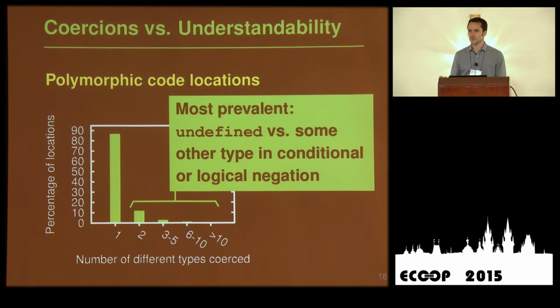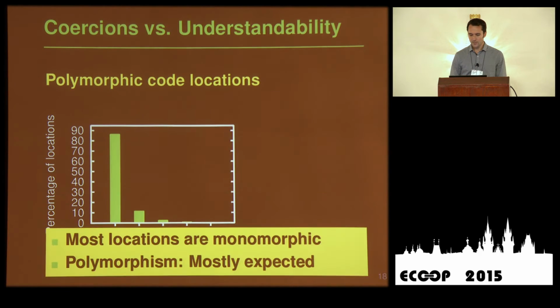These are cases where developers expect polymorphism because they explicitly check whether it's this or that. So the bottom line here is that most locations are monomorphic, so this is not a reason for harming code understandability, and most polymorphism that we see is expected.